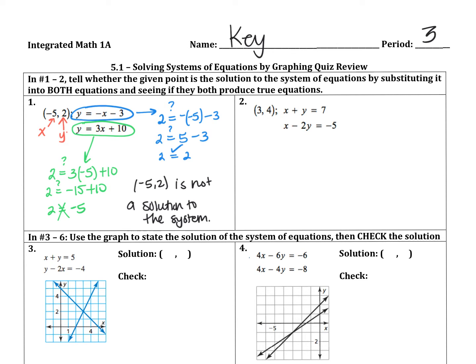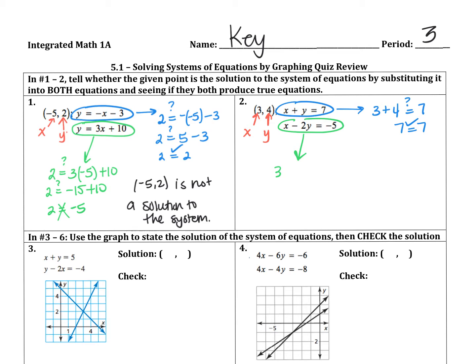Okay, for number 2, we are going to plug in x is 3, y as 4, and see if we get true statements out of both equations. So here's the first equation, x, which is 3, plus y, which is 4, equals 7. 7 does equal 7, so that's true. Let's check the second one.